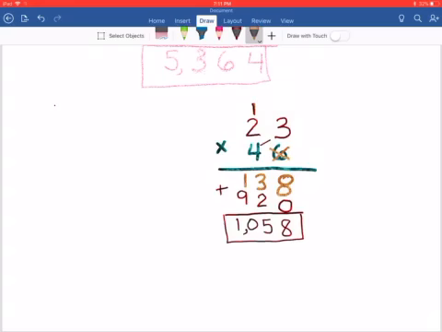Let's do a 2-digit by 2-digit. So let's do a 79, excuse me, times 84. Okay, pause the video, solve it, and then come back and let's double check your answer.